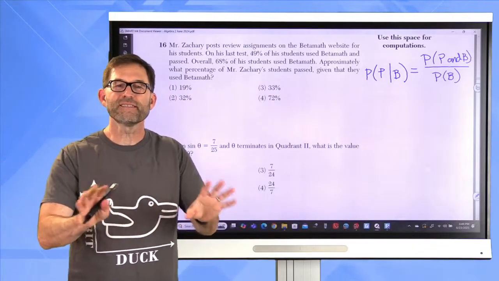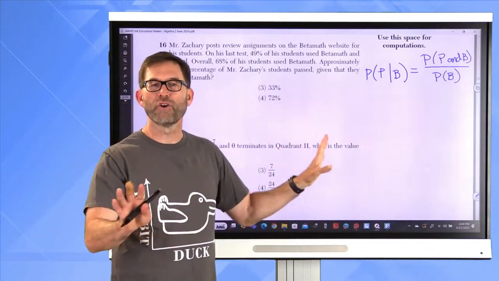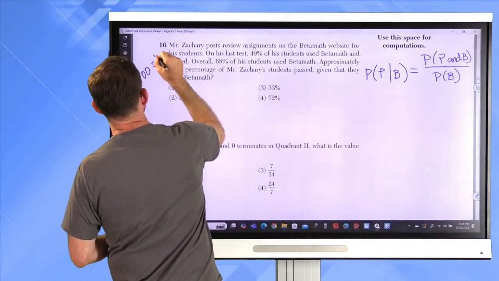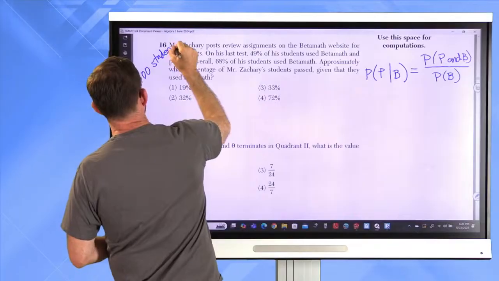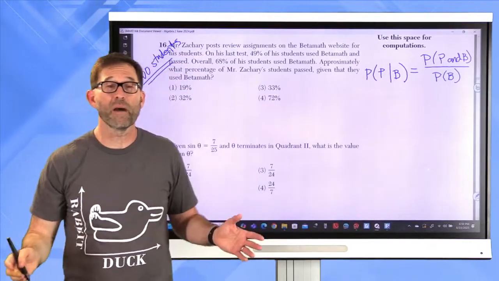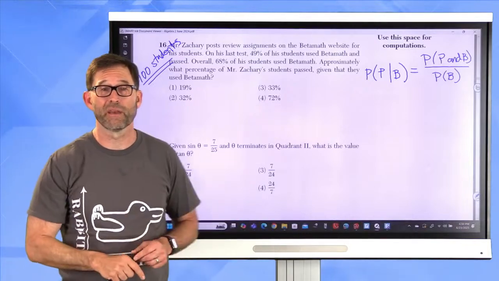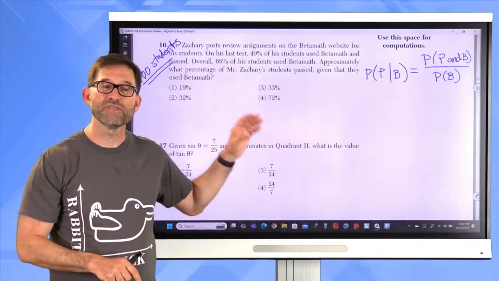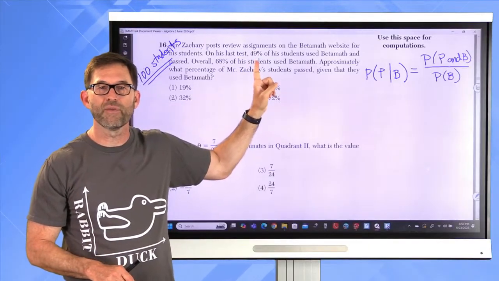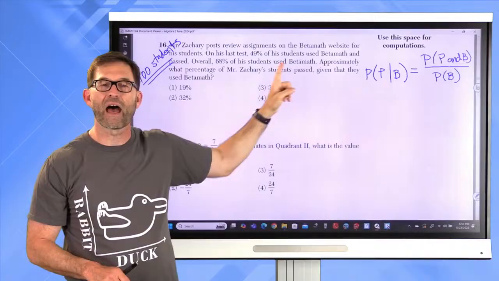Let's say Mr. Zachary had 100 students. Exactly 100. We don't know how many students he has, so we can just make up any number that we want. What that would mean is that 49 of those students used Beta Math and passed.